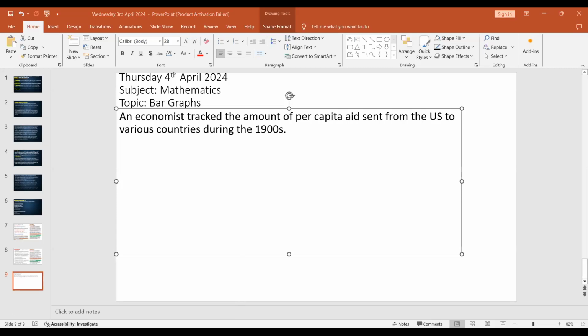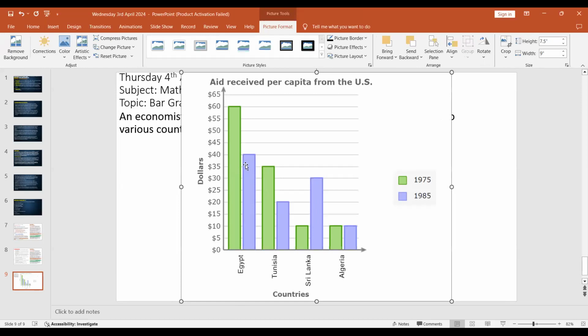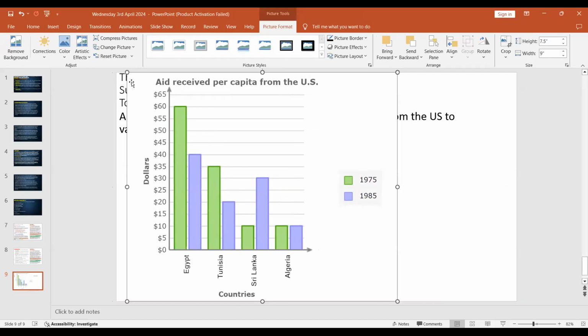How much help in terms of monetary aid, in terms of money, how much help did they receive, all right? And per capita, right? I need you all to draw this particular bar graph, and then we can answer some questions based off of it. So again, I need you to draw this bar graph.